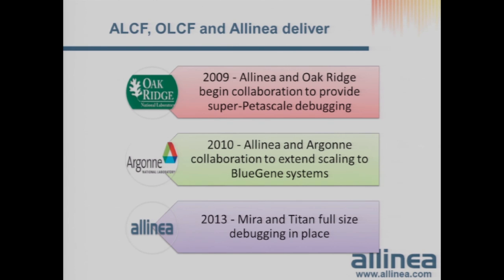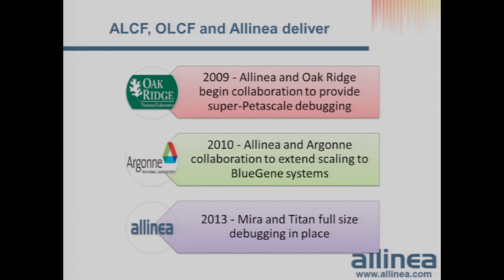And one of the reasons for that is that both Argonne and Oak Ridge have been working very closely with Allinea for a good number of years to basically satisfy those last three items: that we can scale, that we can cope with the kinds of programming model you're using, and that it's easy to use and the information's there.